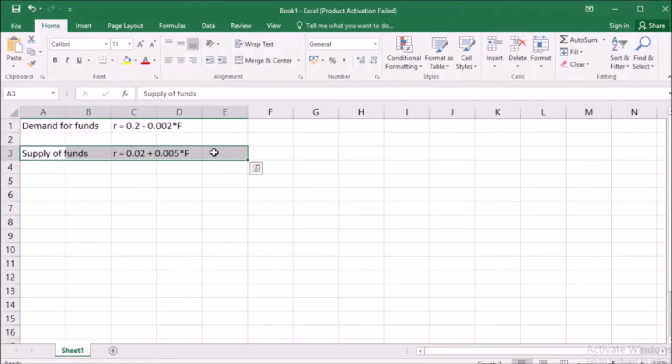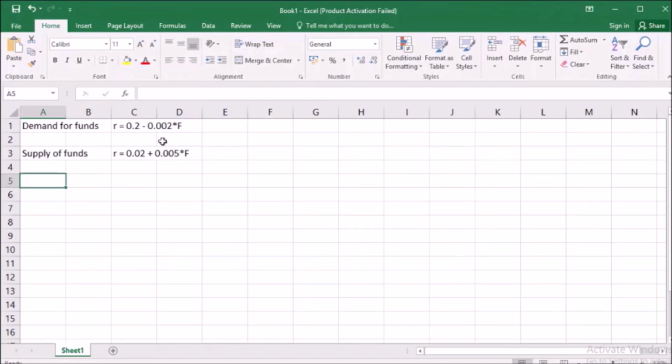And the supply of funds is given by this equation where the interest rates are 0.02, that is 2%, plus 0.005 times the quantity of funds supplied. To find the market equilibrium, what we have to do is just solve these two equations as a system of equations, finding the real interest rate and the amount of funds that would satisfy both equations.